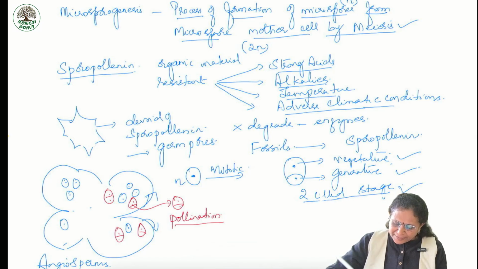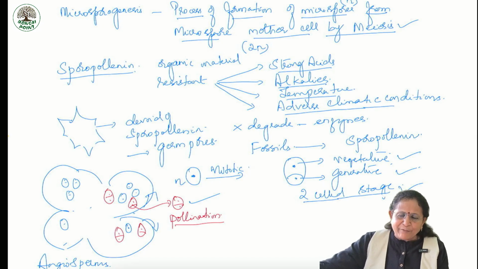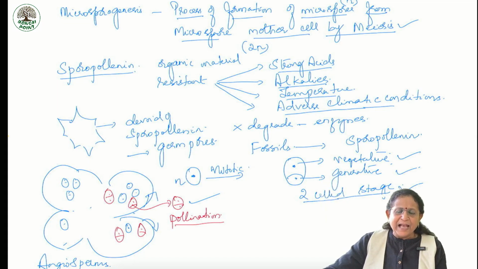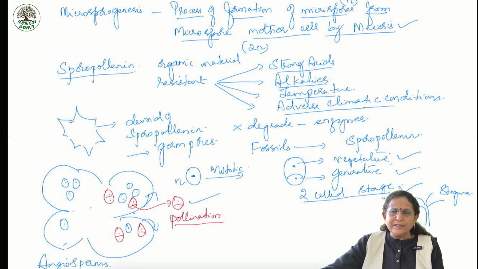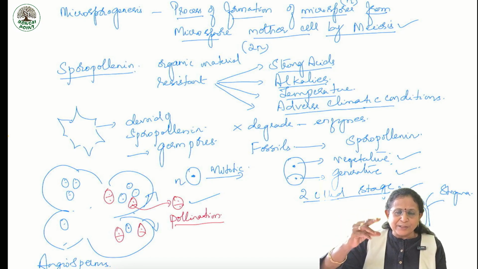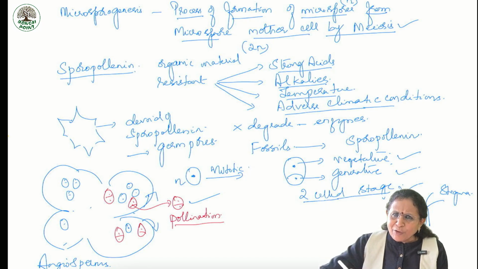Please remember, this is the dehisced anther wherein the pollen grains are coming out. Once the pollen grains come out, they will be carried away by agents, and then when it falls on a suitable stigma, it brings about fertilization, before which the two cell stage pollen grain undergoes a number of changes on the stigma.